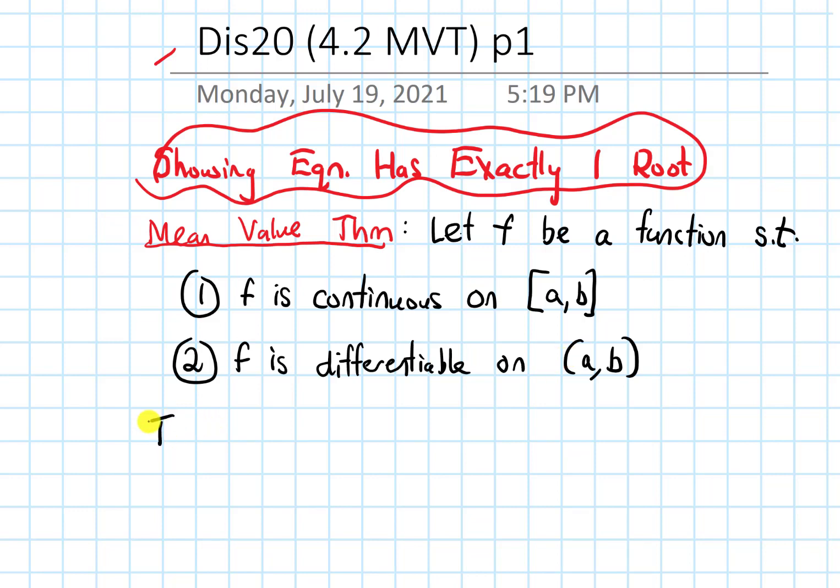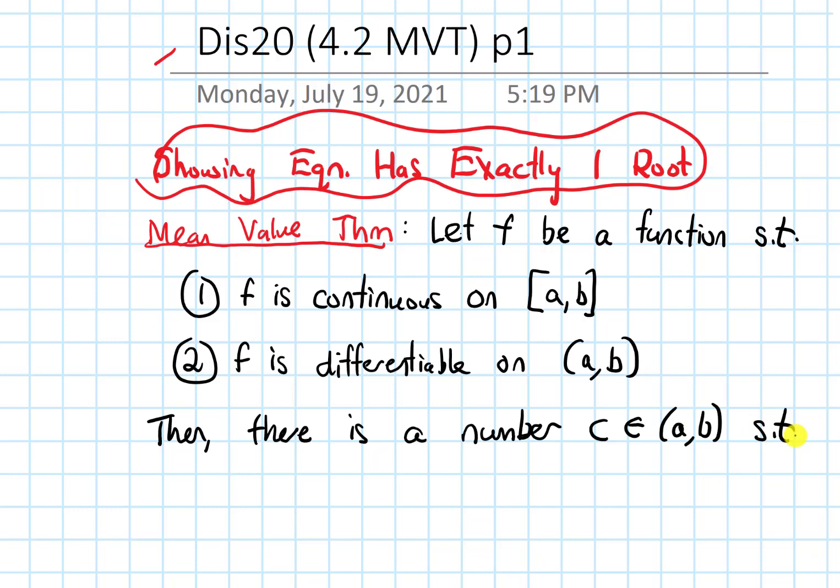Then the conclusion is there is a number c in the open interval from a to b such that the derivative of f at c will be equal to f of b minus f of a over b minus a.